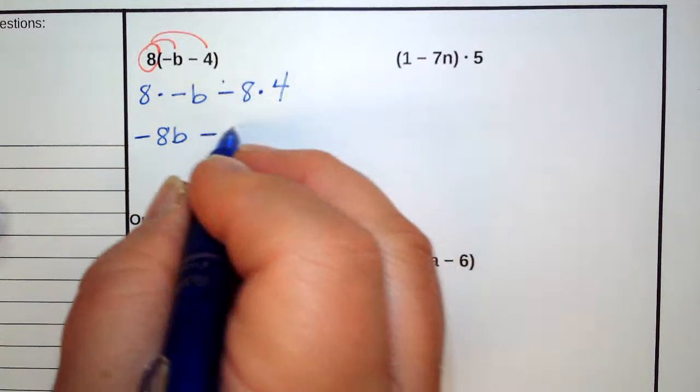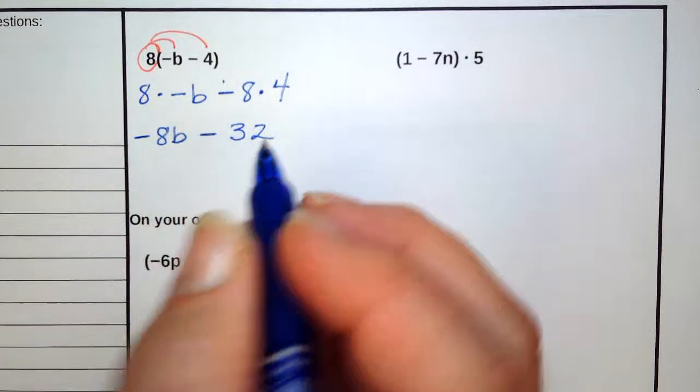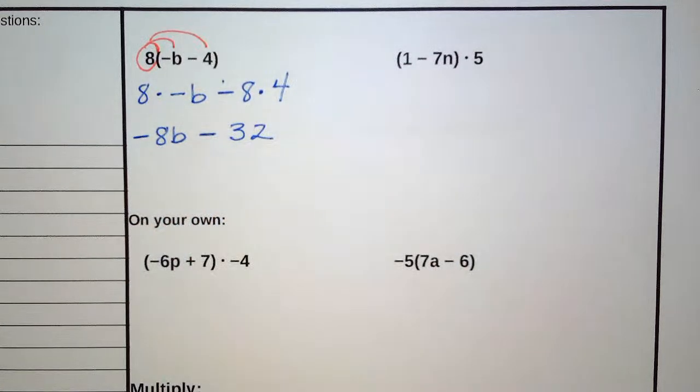Minus 8 times 4 is 32. Make sure if you're still struggling with your multiplication tables that you use the copy of the multiplication table that's on the desk.